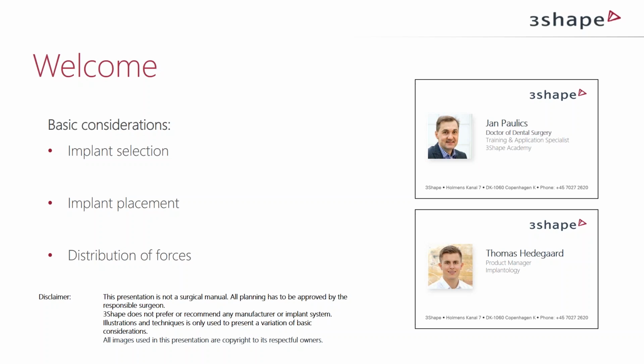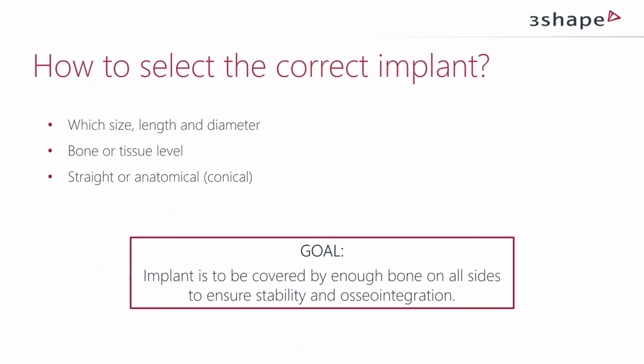Let's go to the next page. We would like to start with how to select the correct implant, and then I would like to discuss if we should use bone or tissue level, and then finally if we should use straight or anatomical implants.